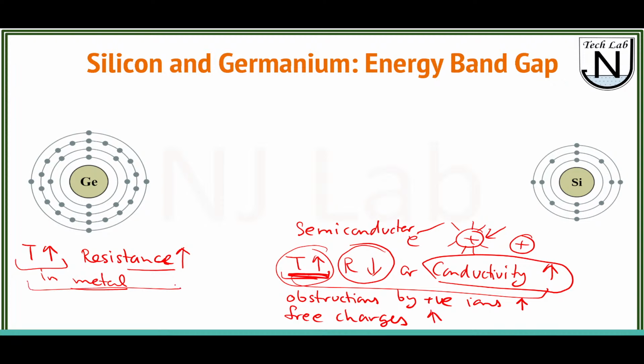Whereas the metal already has the free charge carriers, so the only addition is the obstruction to the free charge carriers. So that is the reason that in the metal the resistance increases and the conductivity decreases, right?